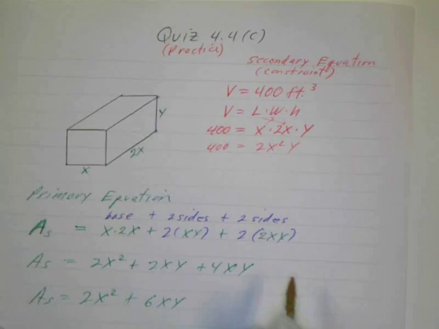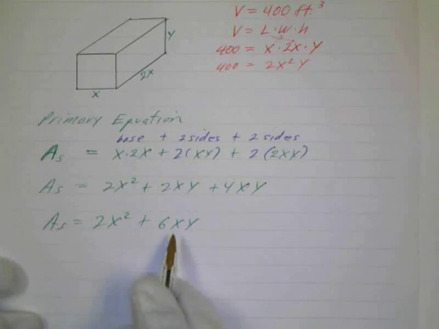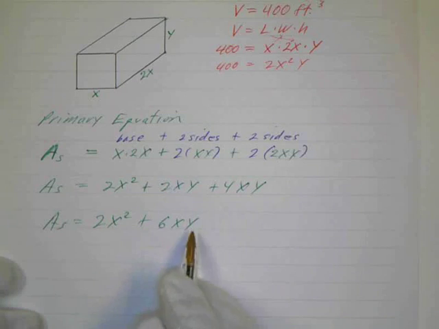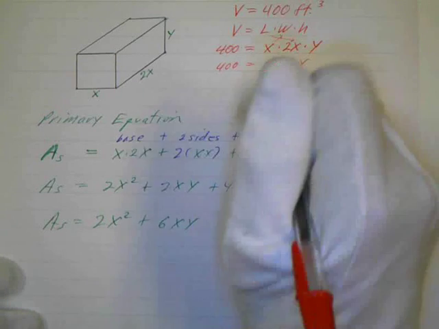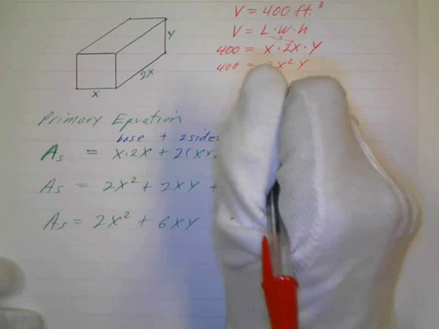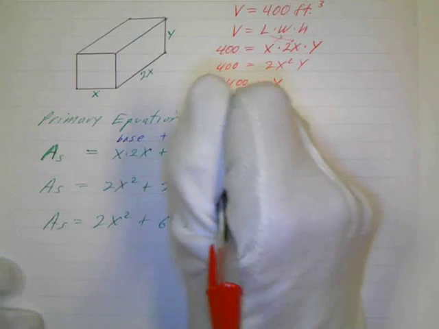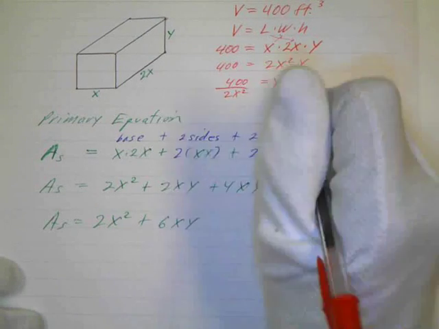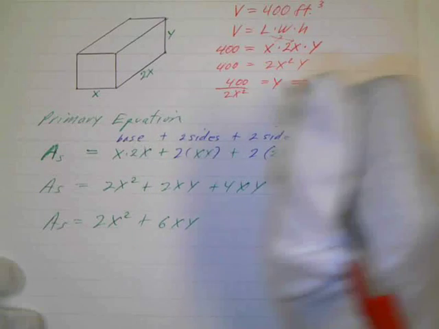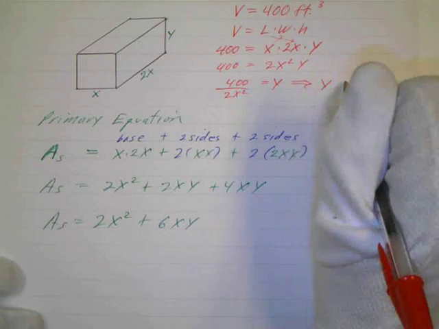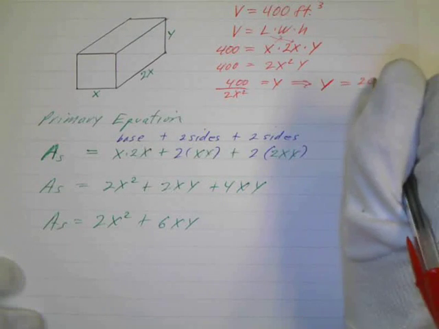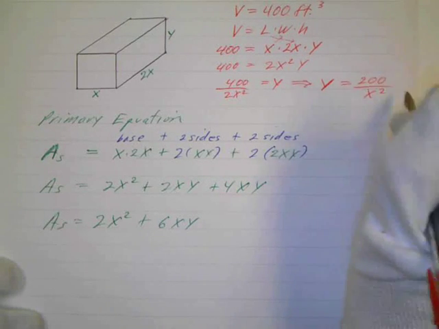And then what we want to do is reduce this to one unknown, from 2 unknowns, so we can take the derivative, because we don't do multivariable yet. Since I only have one y, I'm going to solve for y, so I'll just say y equals 400 divided by 2x squared. And then we could simplify that out, and so that would imply that y equals 200 over x squared.